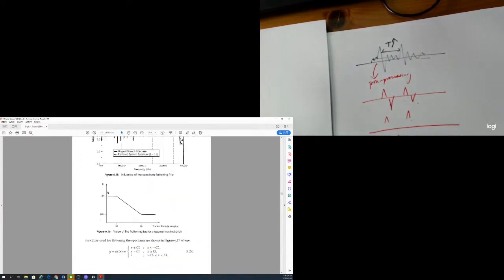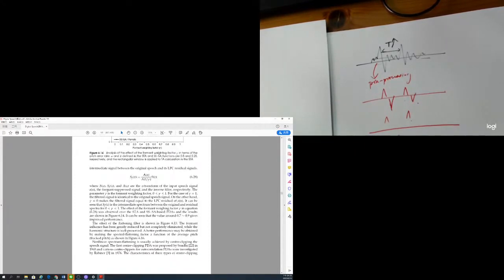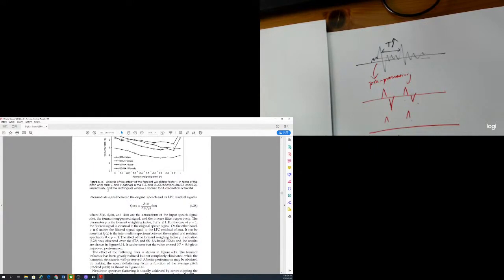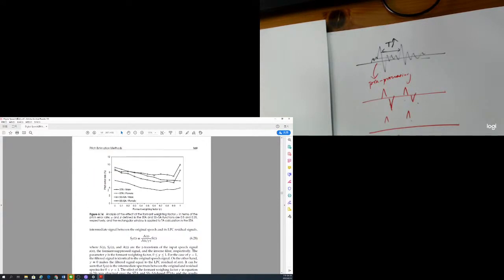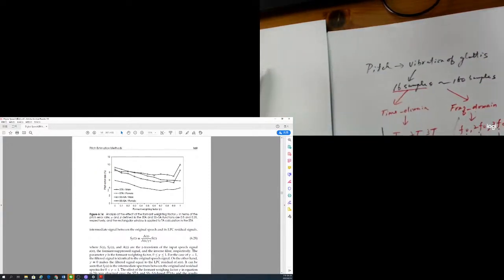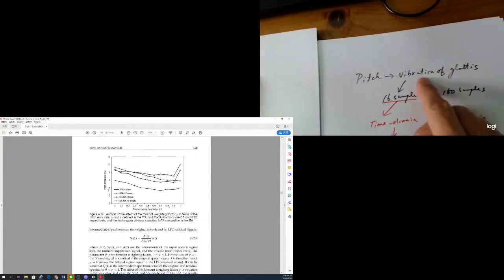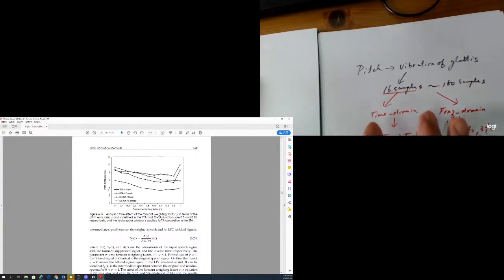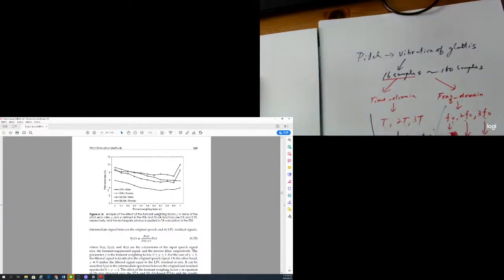Right now we are talking about pitch prediction, and you have to remember what the pitch is. Pitch is like a glottal vibration. A human being's pitch period has some fixed range. One approach is to find the pitch from the time domain. If your pitch is smaller, it is easy to find double pitch or triple pitch.